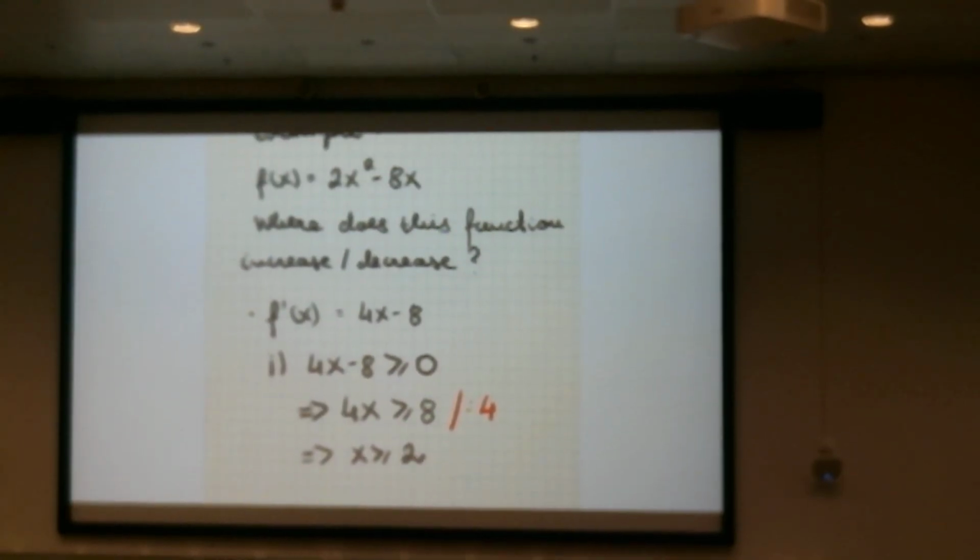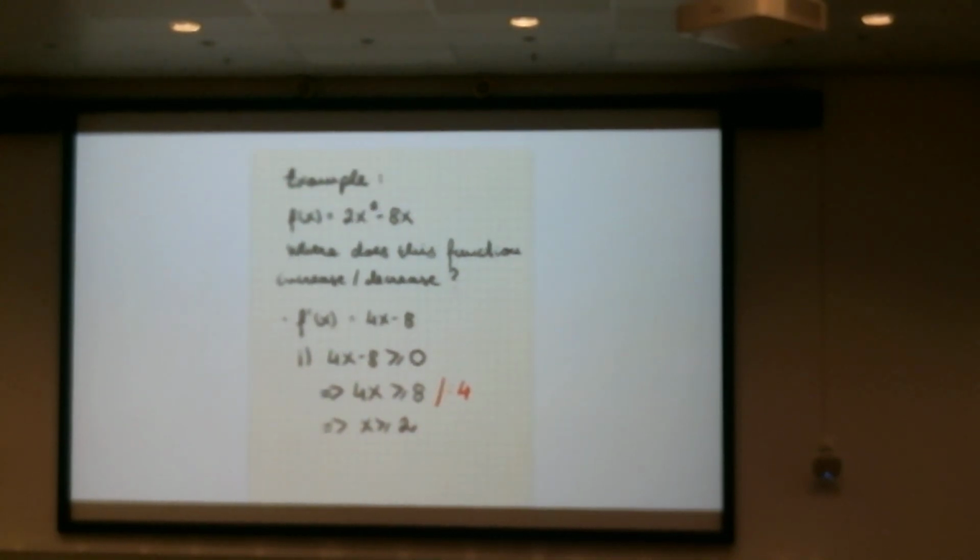You can just write strict inequality as well, because we can treat the case of equality separately, that it neither increases nor decreases. So for these x values, f of x increases.